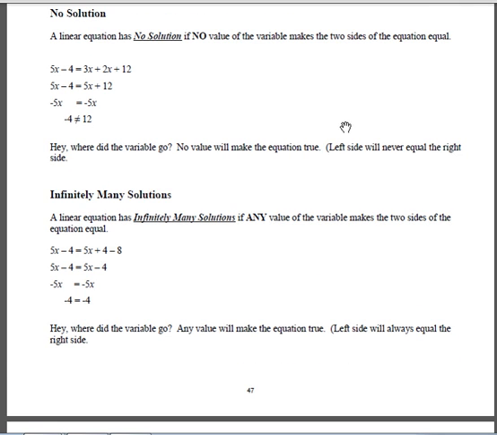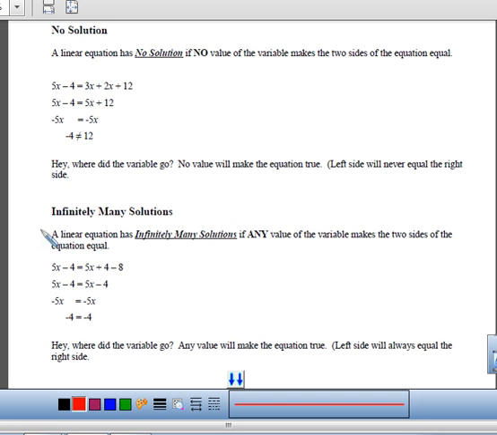When we do infinitely many solutions, that means any number you want, you can plug in for x, and it will work. So I will give you up to 5 points on your scoreboard if at least 5 different people give me 5 different strategies or numbers that they use to plug in for x and explain why they picked that number.